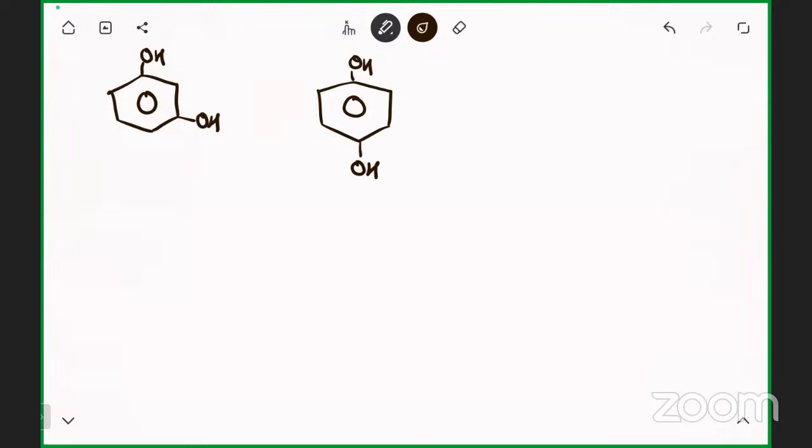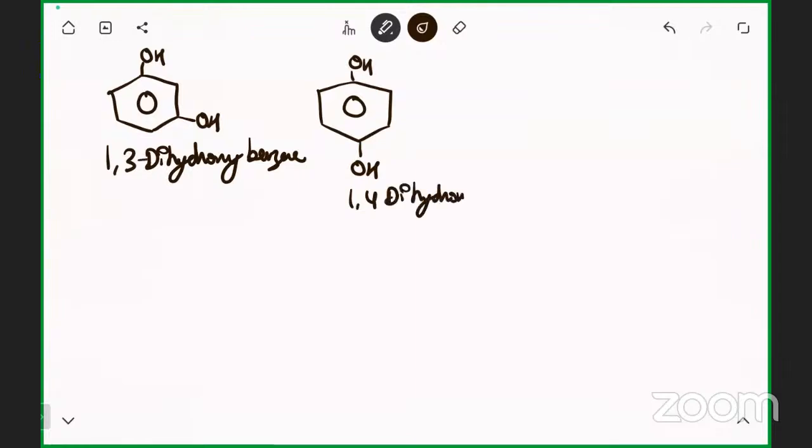And the next one, 1,4 dihydroxybenzene. Very good.